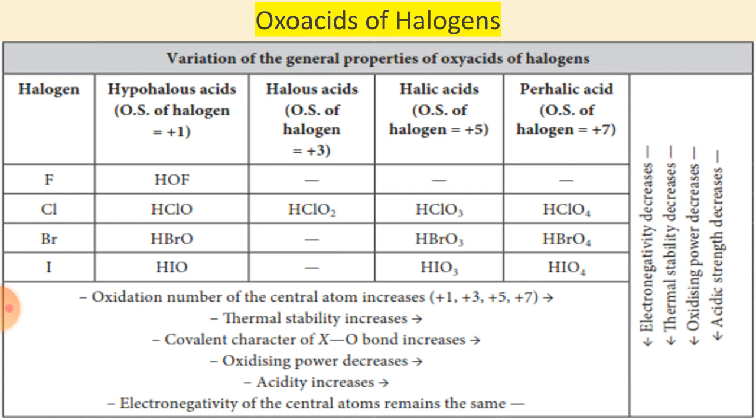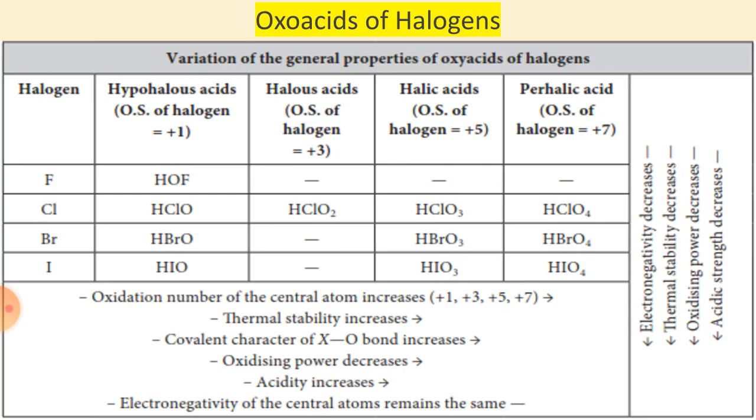So if one question arises, out of HClO, HBrO, HIO, which is the stronger acid, your answer is HClO. This is due to more electronegativity of chlorine than Br and I. So look at the tables properly and try to understand which type of questions may arise related to oxo acids of halogens.